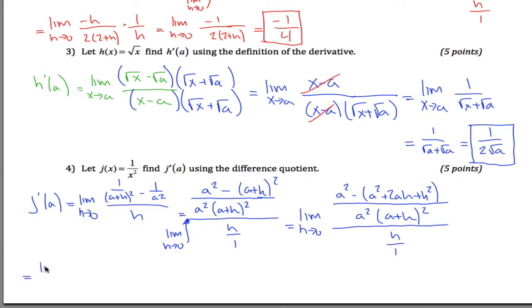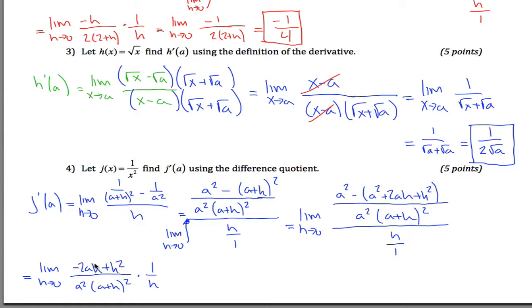But you might be able to see what's going on now. Up top here, when I subtract, this a squared and this a squared will cancel out, and I'll be left with negative 2ah plus h squared divided by this mess, a squared, a plus h squared. And then instead of thinking about it as divided by this guy, I'll multiply by 1 over h.